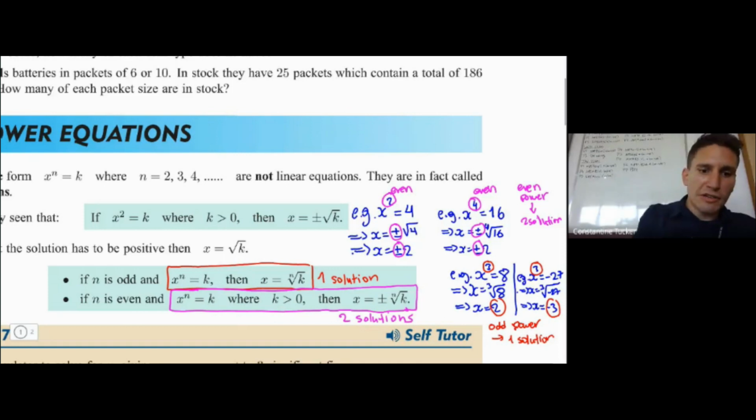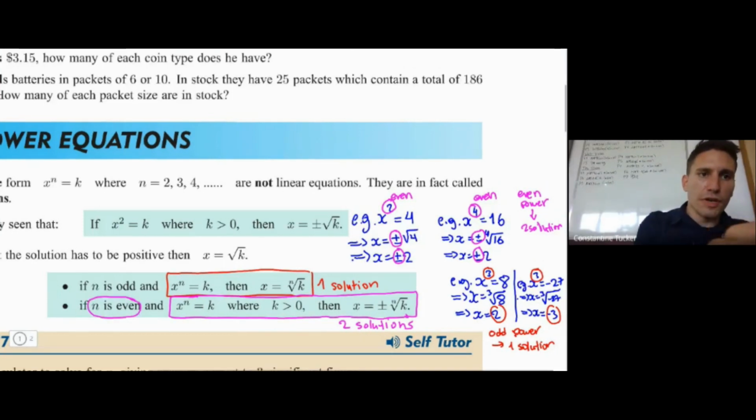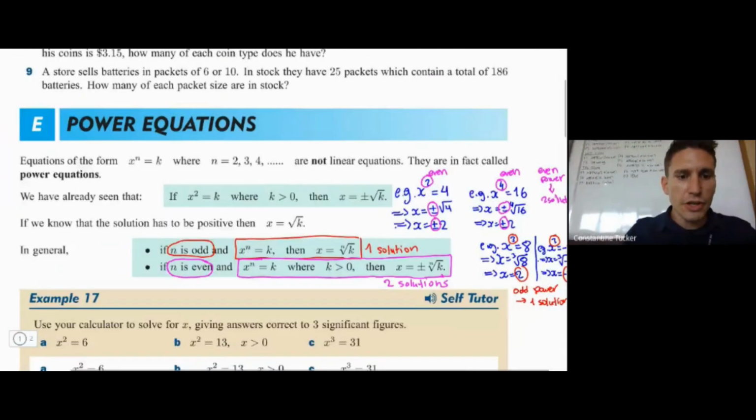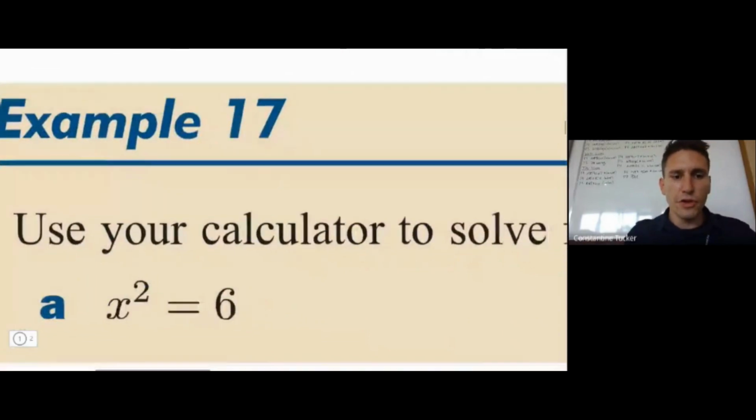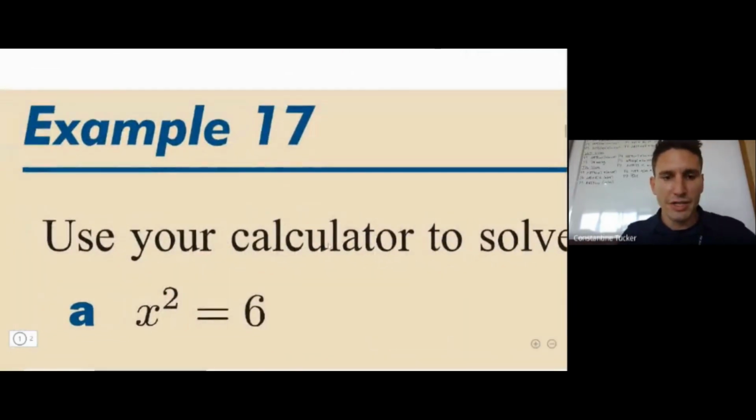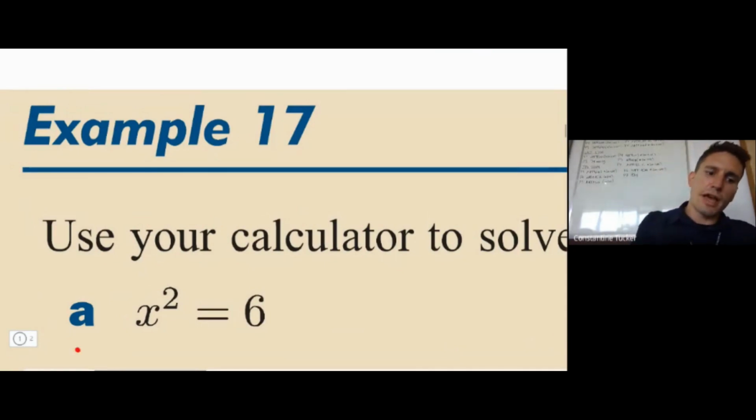Now, in order to clarify this further, I will do a couple more examples with you to help you carry on with today's work. So here, for example, use your calculator to find the solutions of x squared is equal to 6. Well, this number here is actually even. So n is 2, which is even.